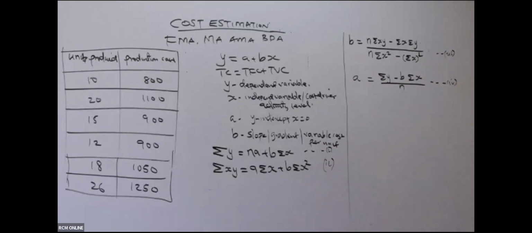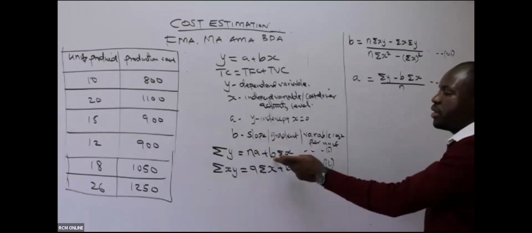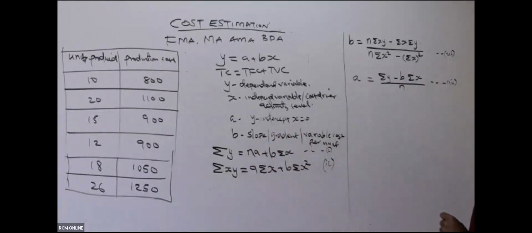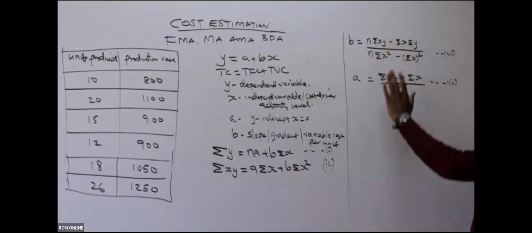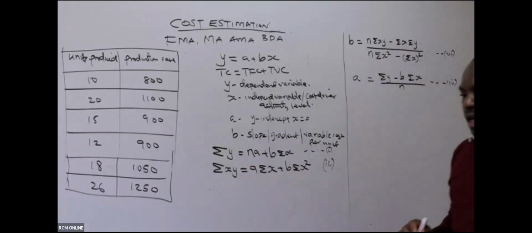Good. So if you can follow this, please use this one here to be able to get the value of a and b. If that is making you take a long procedure, then have this condensed one, and of course you'll be able to arrive at the same answer.